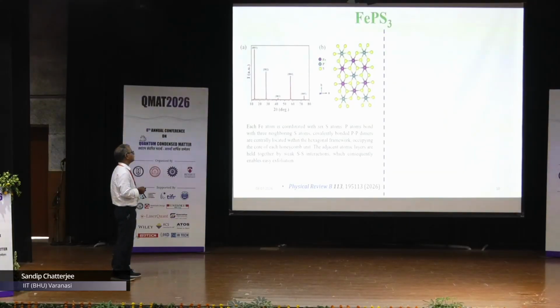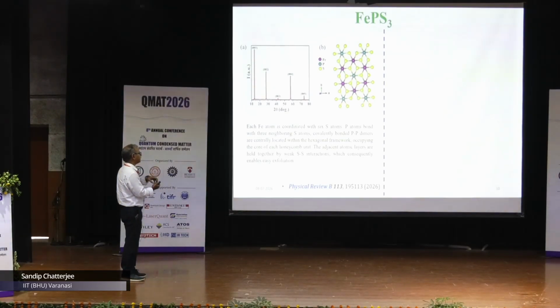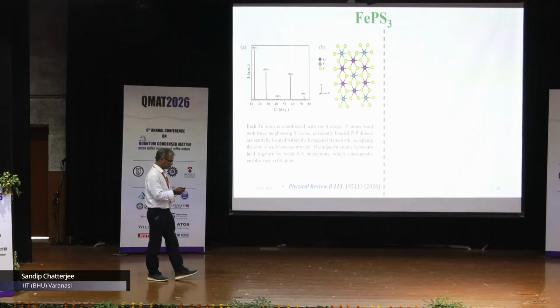From the phase diagram we have seen that the iron atom is coordinated with 6 sulfur atoms, and the sulfur atom is coordinated with 3 phosphorus atoms. The interlayer coupling is via van der Waals interaction, which is very weak, so the material is easily exfoliated.